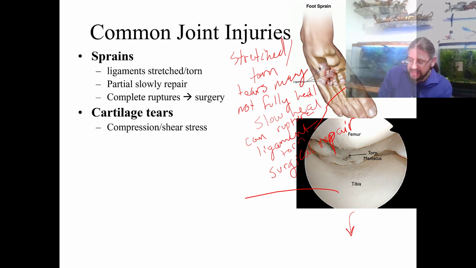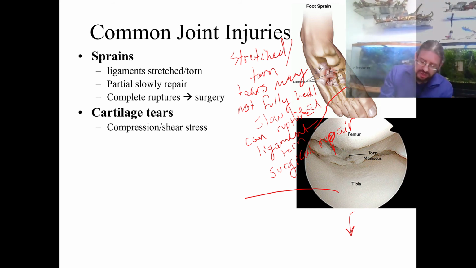In the knee, if you jump from too high and land with too much force, you can get a compression injury. You can also get cartilage injuries from compression if you fall in a sitting position and take the impact through your spine. Those are compression injuries, and that can rip cartilage.